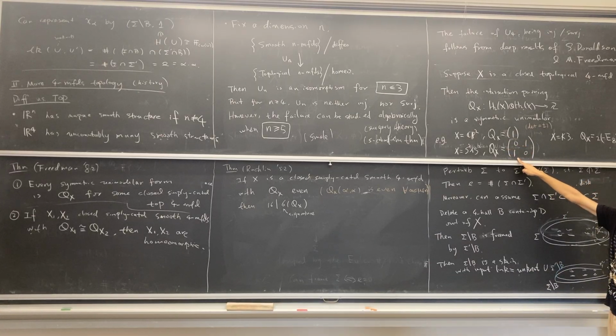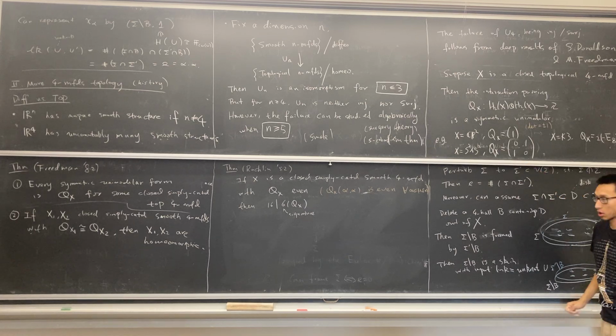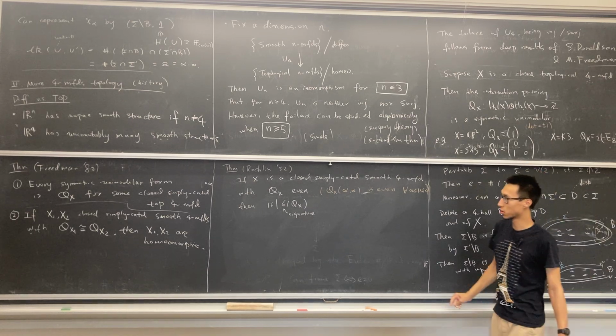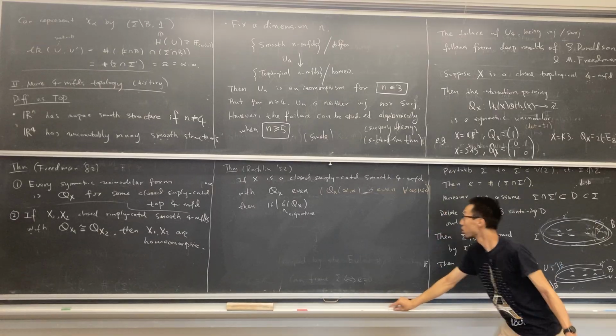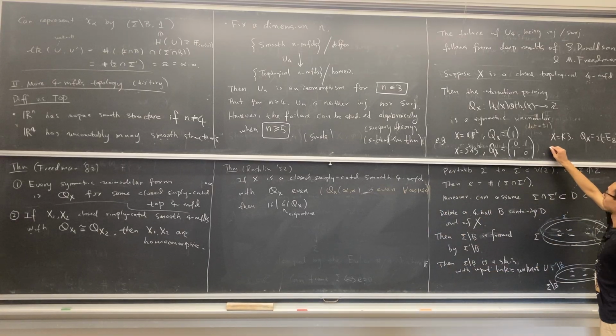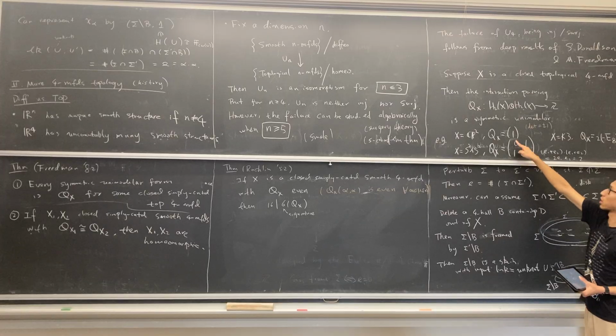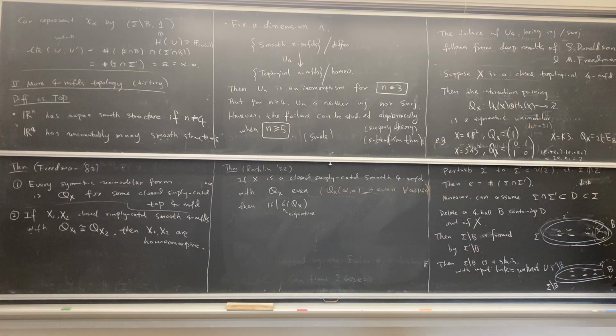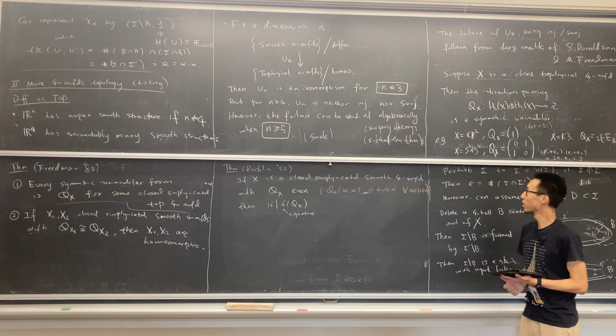This form here is even because, if you take, for example, E1 plus E2 and pair it with itself, you are going to get 2 E1 dot E2, which is 2. This is an even form. This is an odd form.